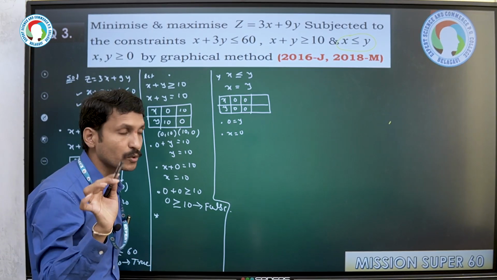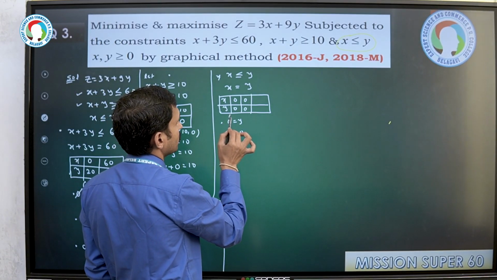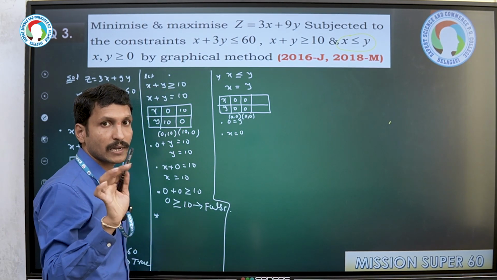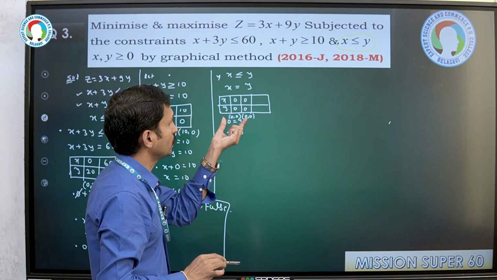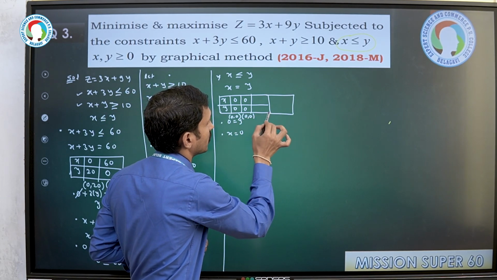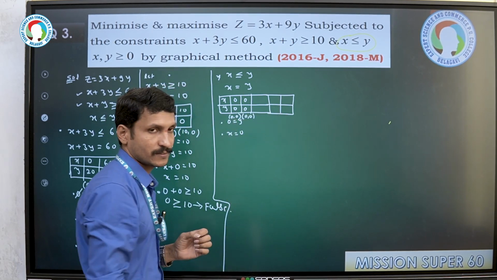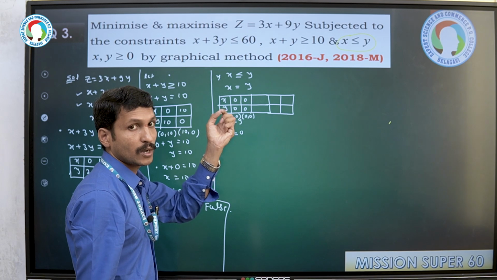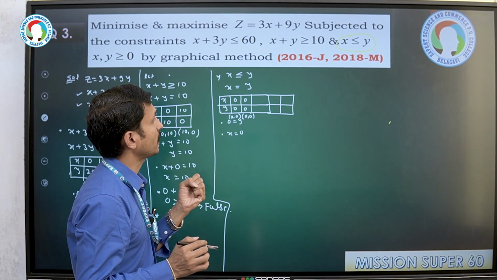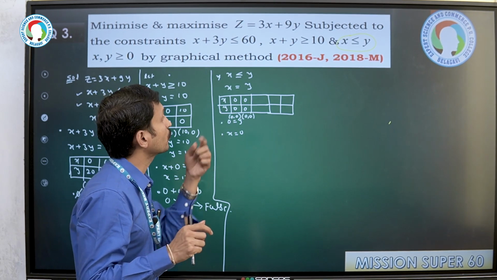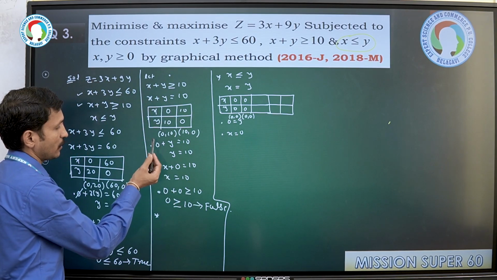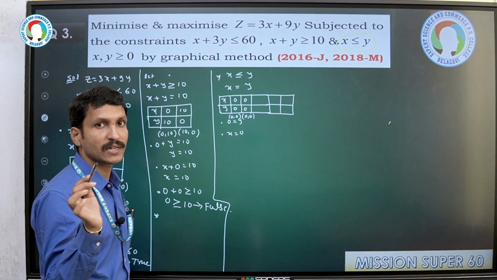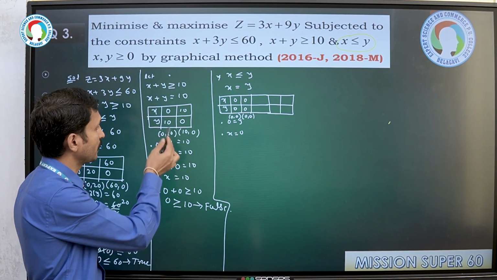Whenever you get 0 comma 0, you should proceed to take the next two to three points. I will take an x value or a y value. Just see the values 10, 10, 60, 20, in the terms 10, 20, 30 from the previous line.